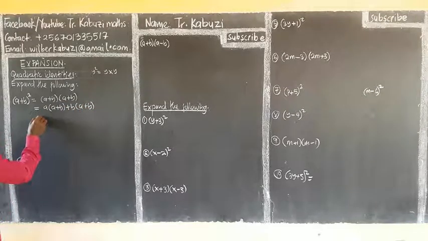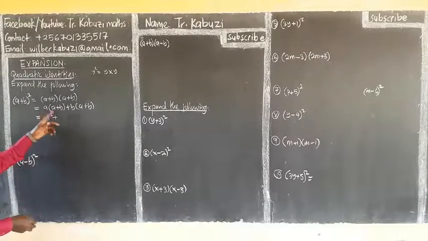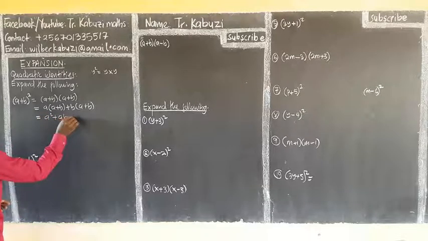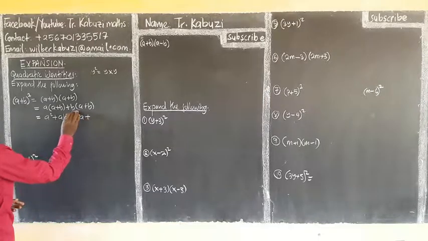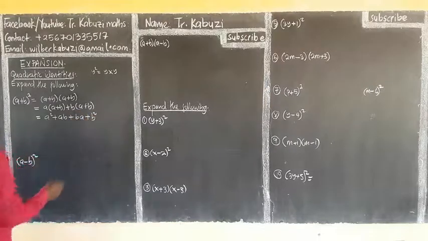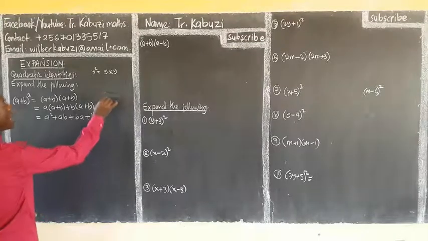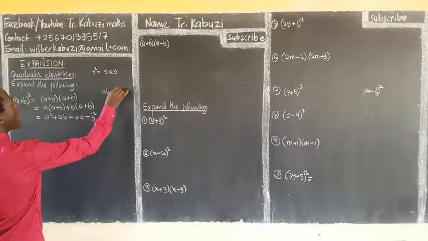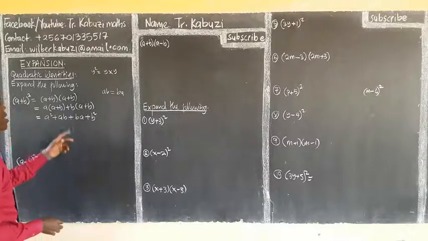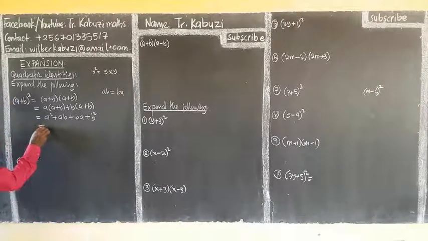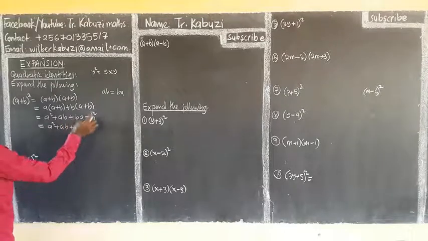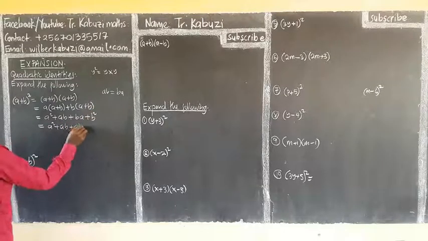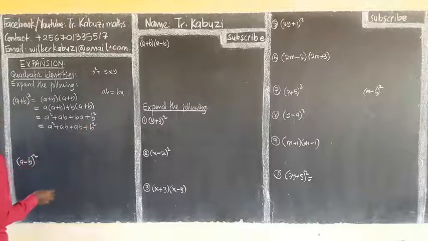So now, a times a, I have a squared, plus a times b, I have ab, then plus b times a, I have ba, b times b, I have b squared. Remember we said our ab is the same as ba. I want this to be the same. So this will now be a squared plus ab plus ab plus b squared.